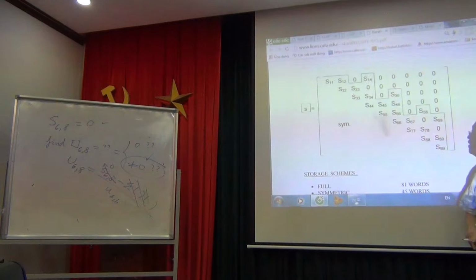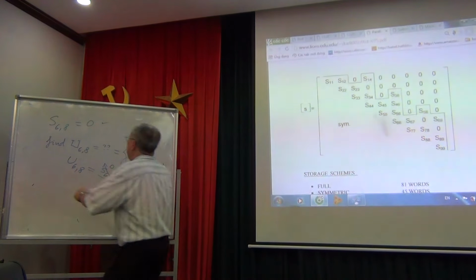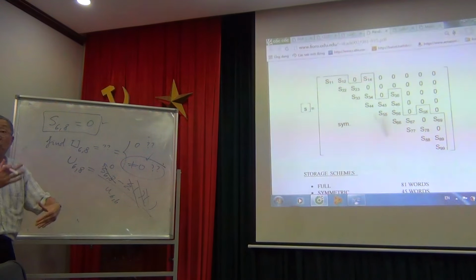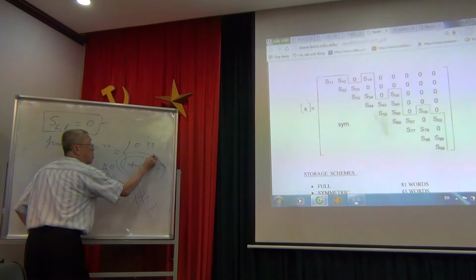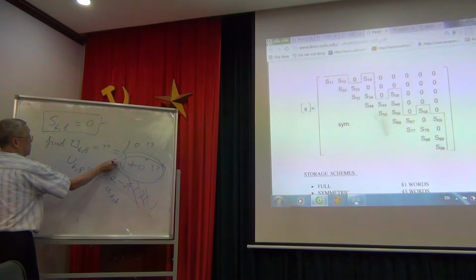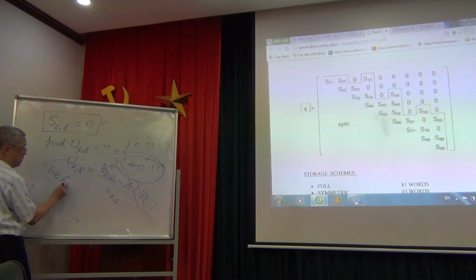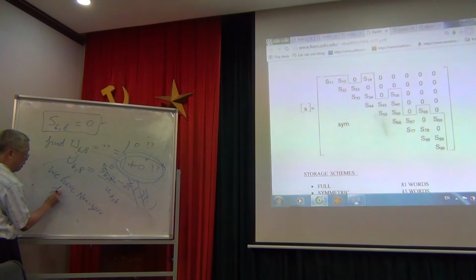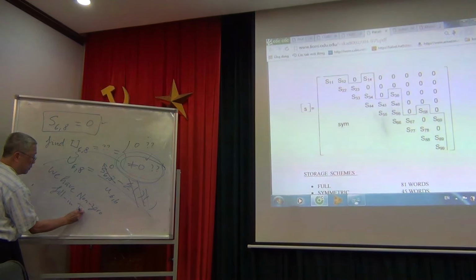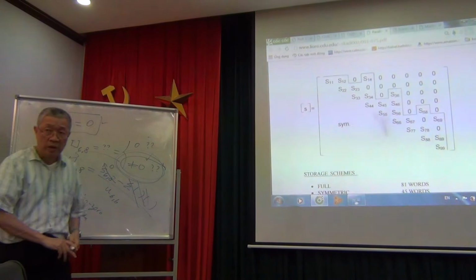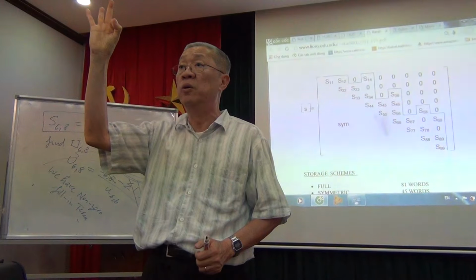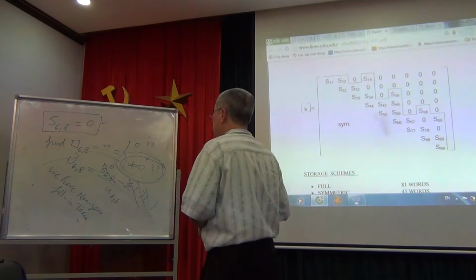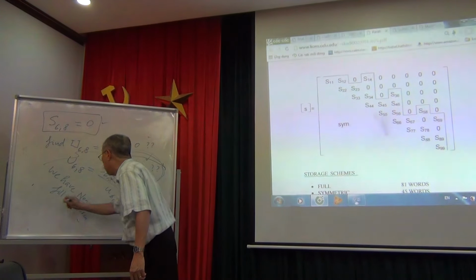Is that clear? Now, whenever you have a zero value from the beginning, and after you do step one, it becomes non-zero, then we say we have a non-zero fill-in term.